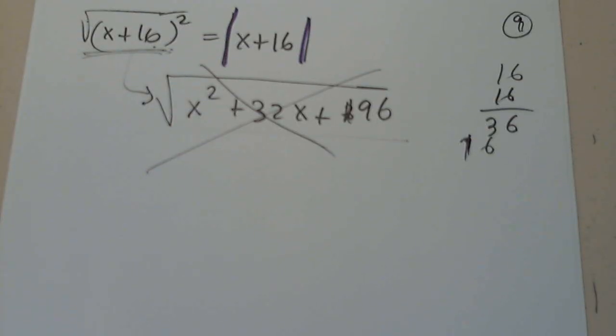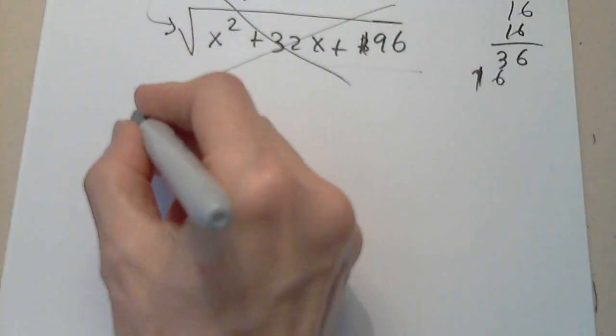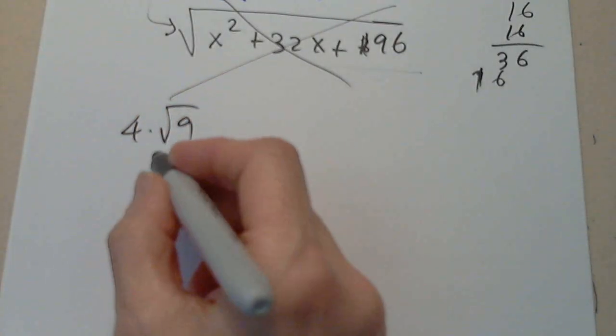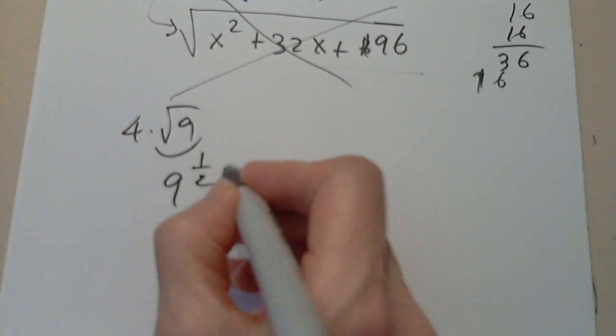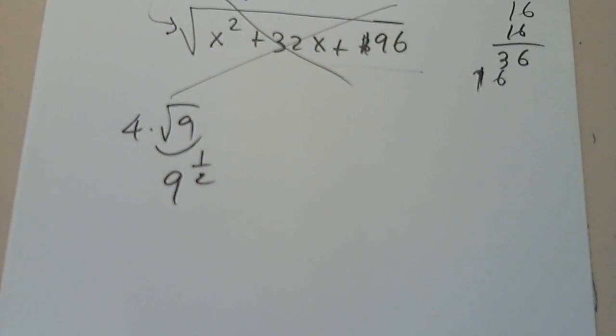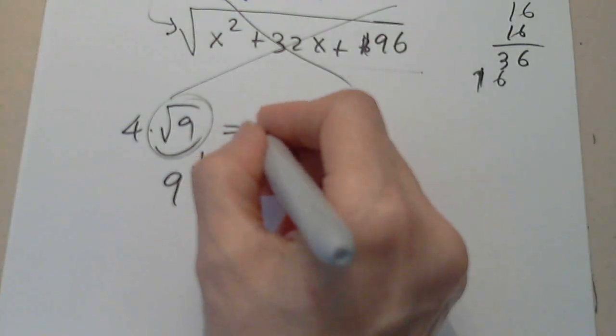Now, you have to apply the power. What do you mean by power? Because this is a power. What power? 1/2. So by the order of operations, I have to perform the power first. So 4 times 3. Exactly.